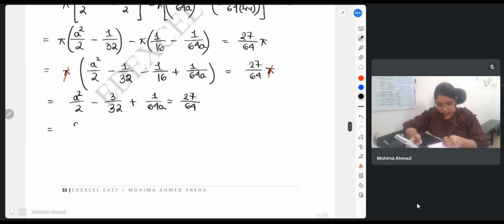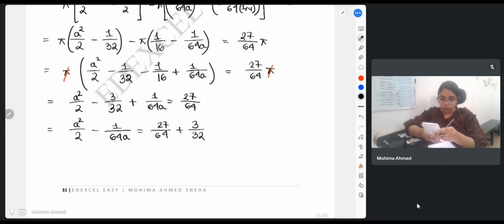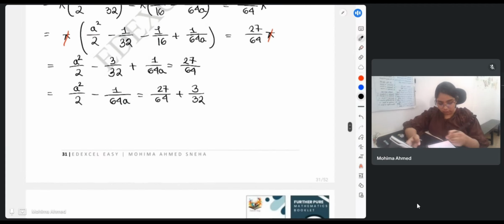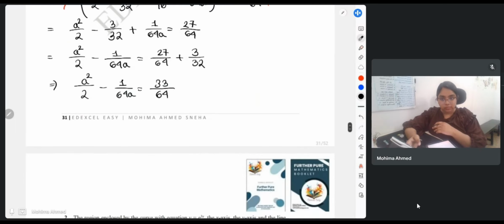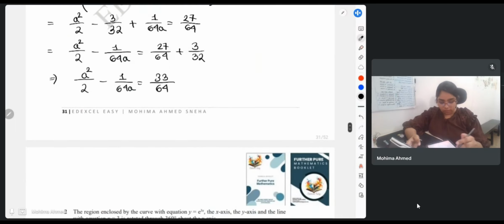Now we have a²/2 minus 1/(64a) equals 27/64 plus 3/32. So 27/64 plus 3/32 is actually 33/64. So a²/2, 1/(64a), and this is 33/64. On the left hand side, we have to do LCM this time now.